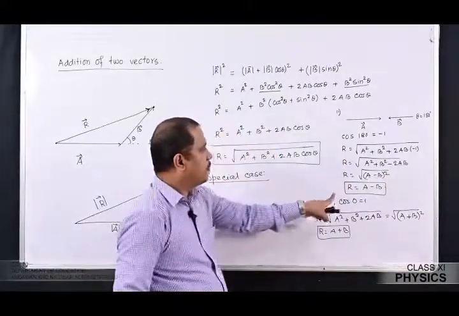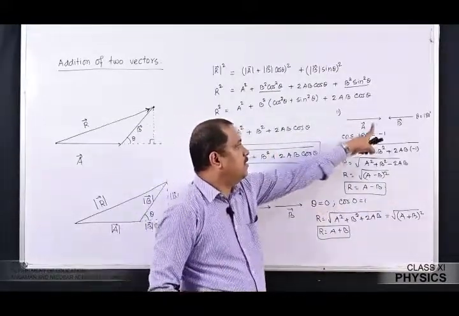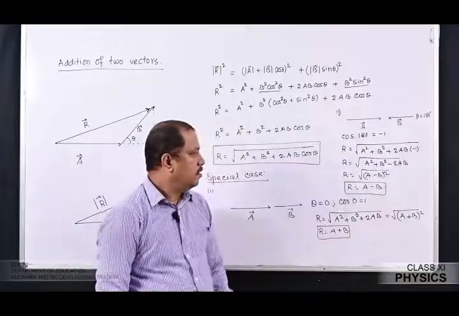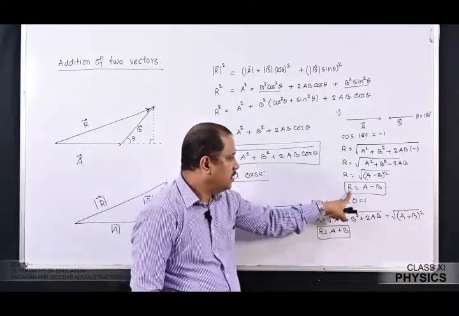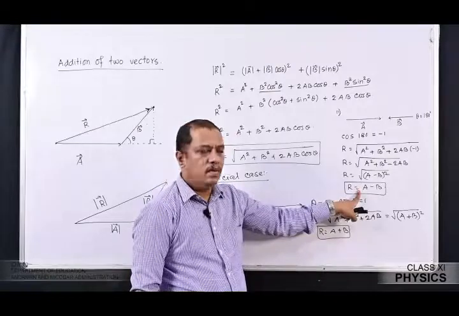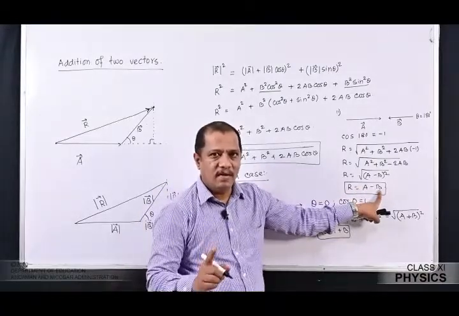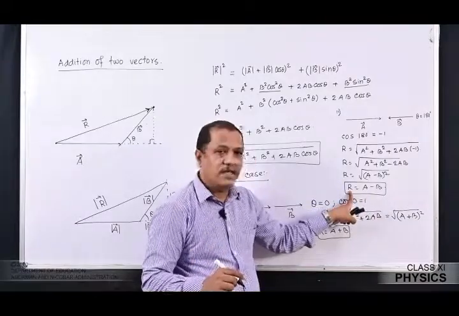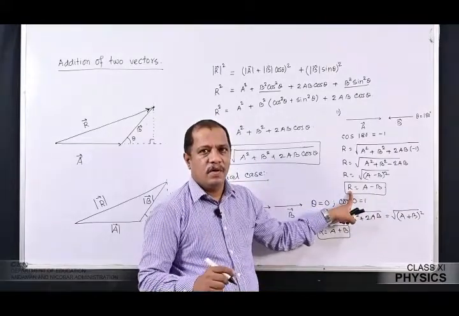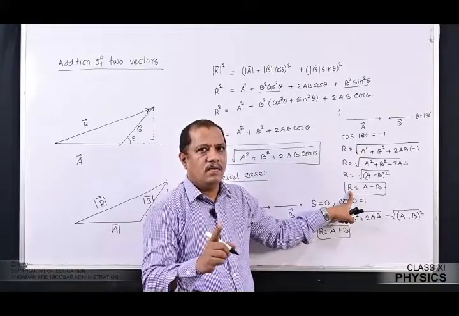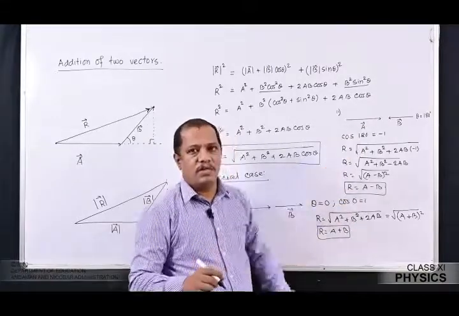So this I got. That means when two vectors are lying antiparallel to one another, the magnitude of the resultant will be equal to the difference of the magnitudes of the two vectors. This is the first point. Second point, the direction of the resultant vector will always be pointing along the vector that has larger magnitude.